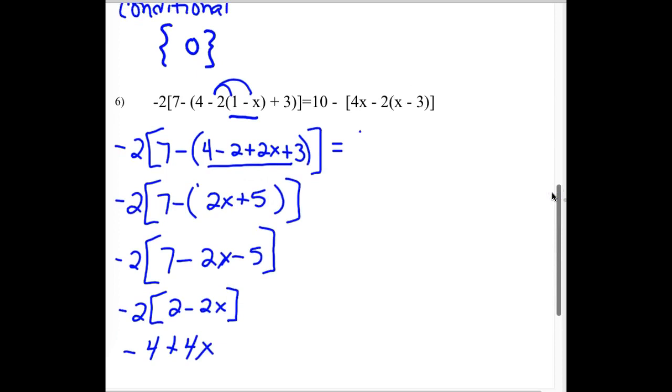We have a plain 10 that's out front here. We're going to just leave it there for a minute. Inside all of these brackets, what am I being told to do? Distribute what? A -2 in here. Okay, so we'll have 4x minus 2x plus 6.